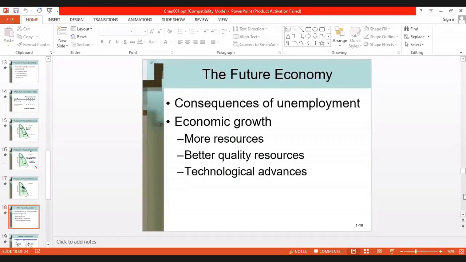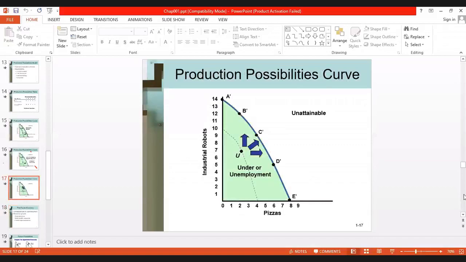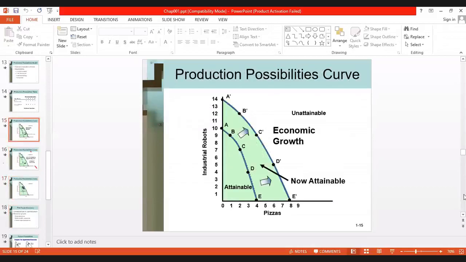So the future economy. For example, if we are producing combination C, the best choice for the society among this choice set, the society thinks C is the best combination of pizza and robo.